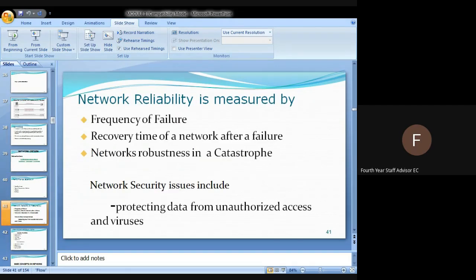Reliability is measured by how fast a network recovers from a failure, how often a network fails, and how robust a network is when sudden damage happens. The third one is security. Security means you have to protect your data from unauthorized access and viruses.